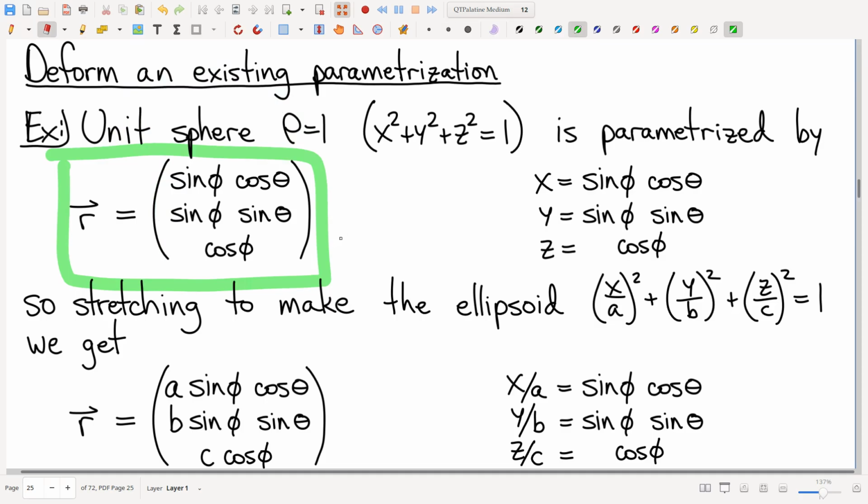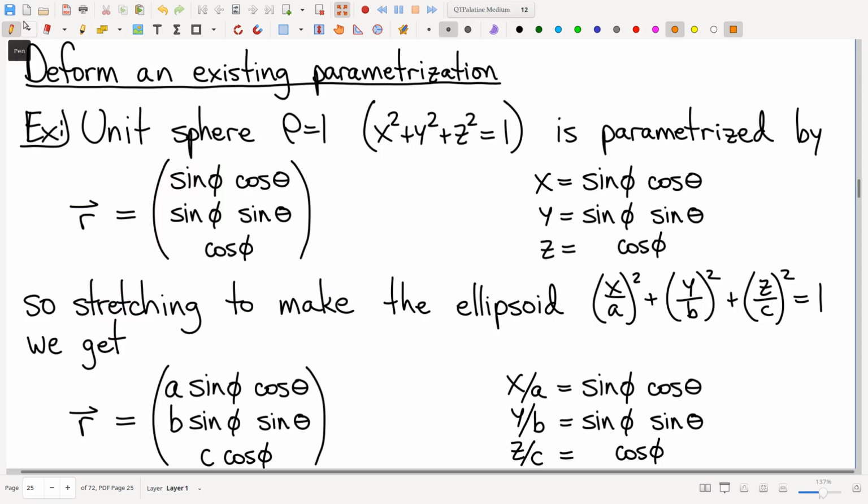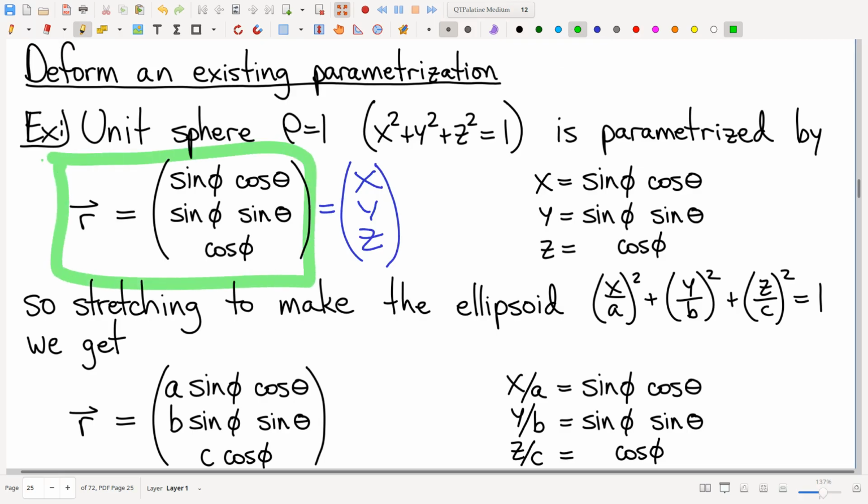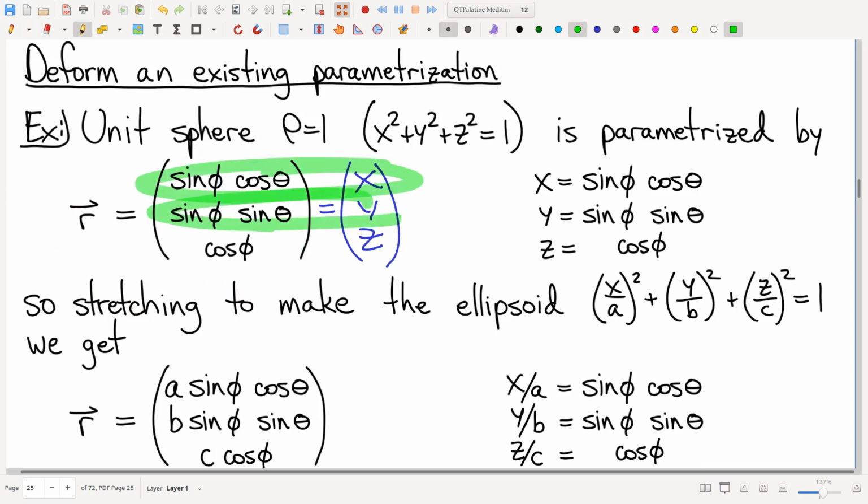Don't forget, by the way, that when you parameterize something, what you're doing is writing down formulas for x, y, and z. So alternatively, I can think of this as just the position vector as a function of phi and theta, or you can think of it instead as 3 separate coordinate formulas.